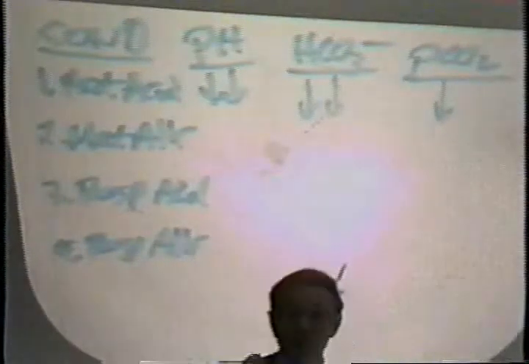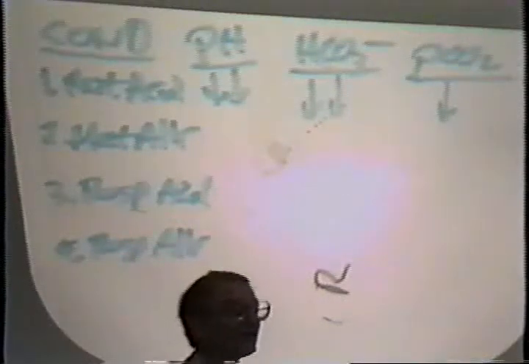So the patient will have a low pH, a low bicarbonate. The patient will partially compensate. The PCO2 will go down, but not completely, so that the patient still will be in slight acidosis. So a patient who has a low blood pH, a low bicarbonate, and a compensating low PCO2, you've got the diagnosis clinched as a metabolic acidosis.